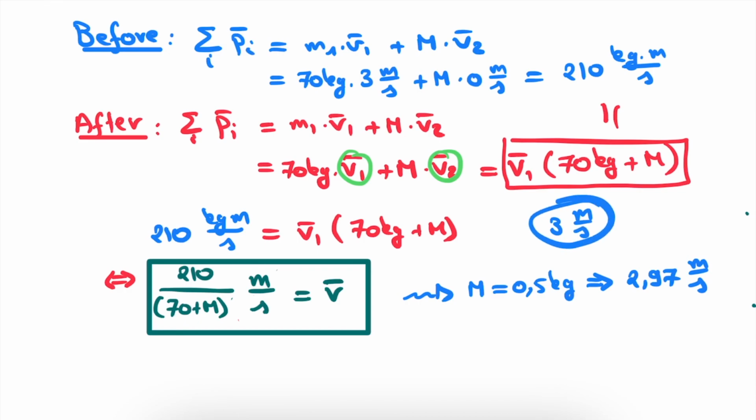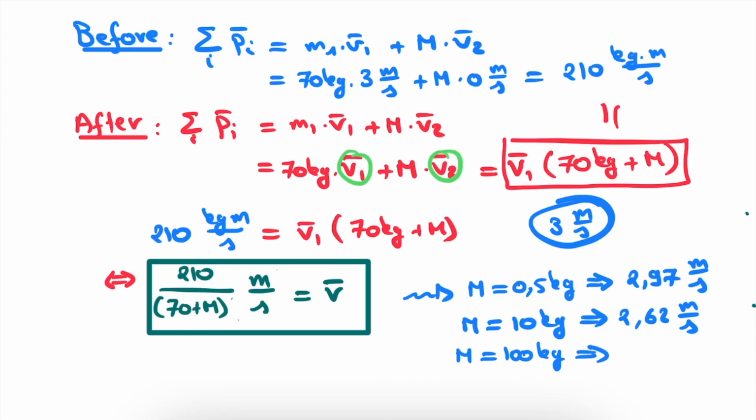So our velocity didn't decrease at all. Let's say that our mass of the cart is now equal to 10 kilograms, for example, a shopping cart. Then filling this in, we see that the final velocity is equal to 2.62 meters per second, or a decrease of almost 15%.